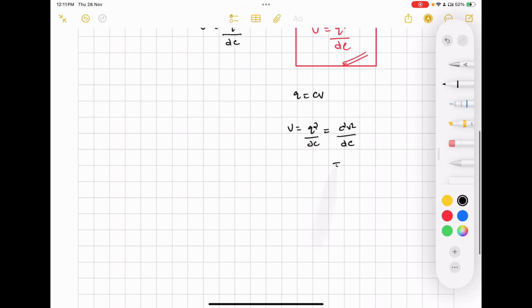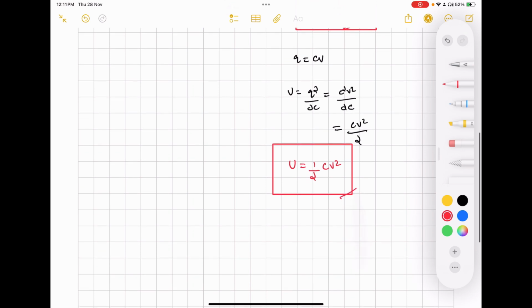We can cancel C and C. So the answer will be C V square divided by 2. So the final expression is U is equal to half C V square.